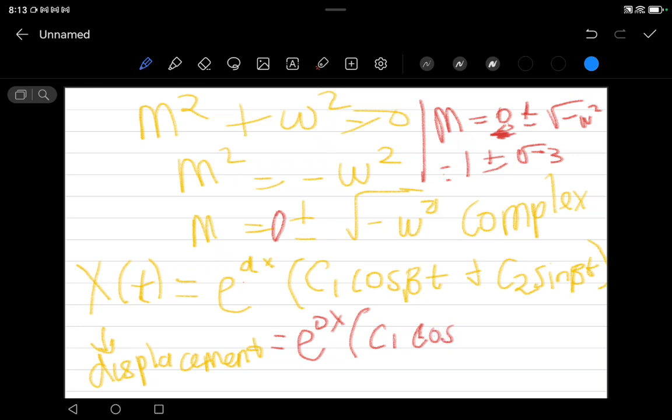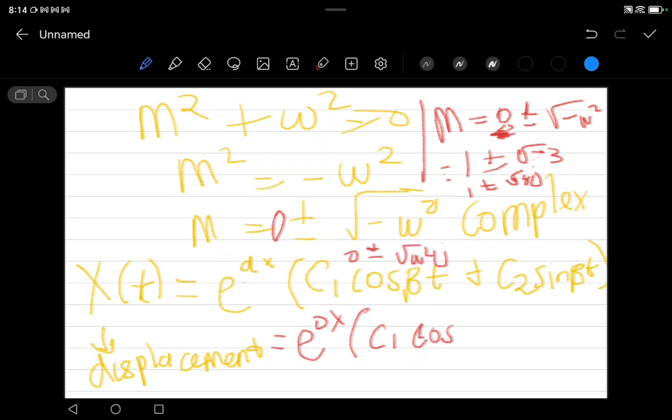Beta is going to be the coefficient of j. If we have a negative square root, we can write it like 1 plus or minus square root of 3 j, where j represents the imaginary part. So here it can be 0 plus or minus the square root of omega squared j.